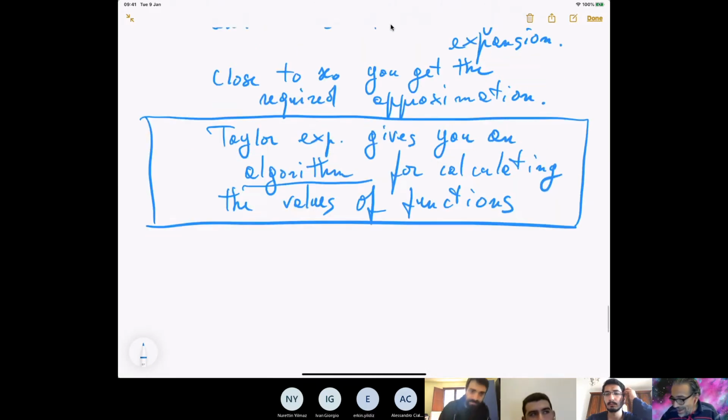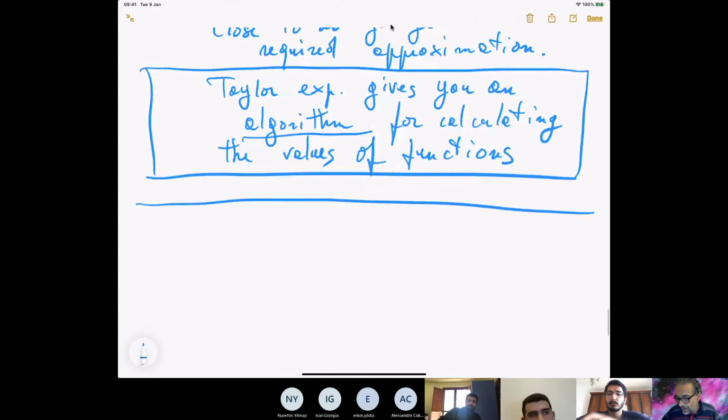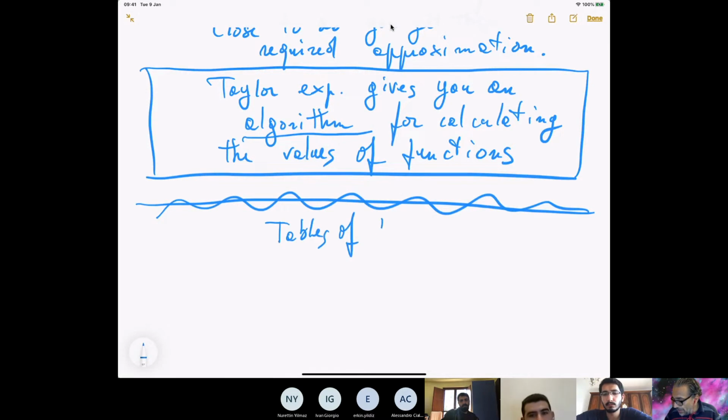You are all young, so you have never seen the tables of logarithm. There were some printed books in which you could find pages and pages of numbers.